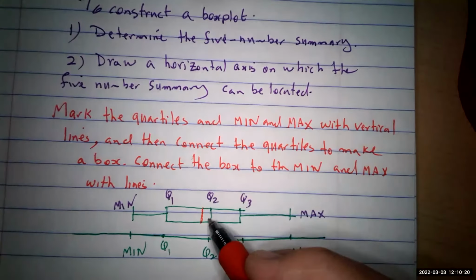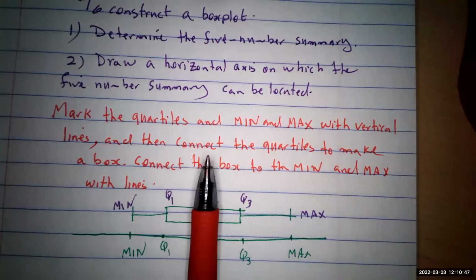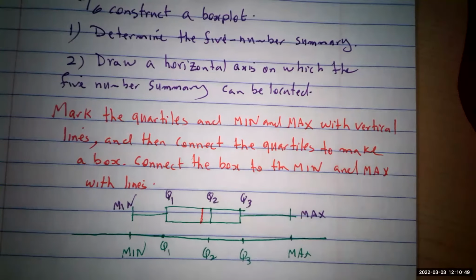And this is going to be the middle of your information. So the connection between these two is the one that you are going to make a conclusion from. If Q2, which is the center of your data set, and this red one, which is the center of the box, are close to each other, this means your data set is symmetric. It's very fair, because your information is 50% to the right, 50% to the left.